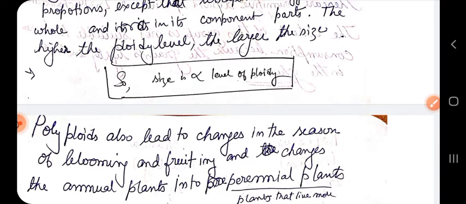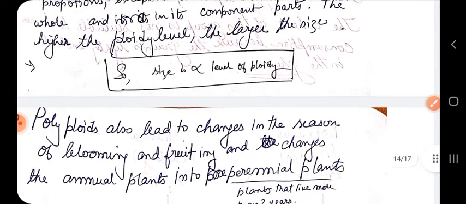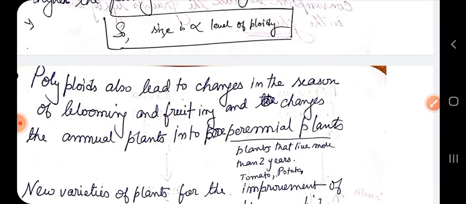The second importance of this polyploidy concept is that with the help of polyploids we can change the season of blooming and fruiting, and change annual plants into perennial plants.